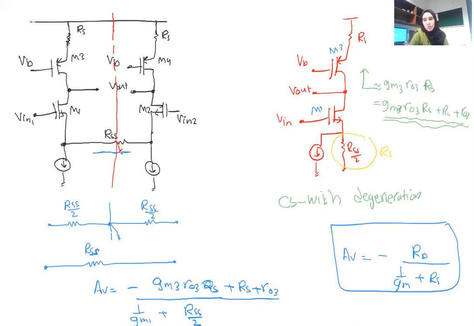But at least if it is an exact replica, you cannot just write it as an RD unless you explain to me what your RD here is. That is the general expression.